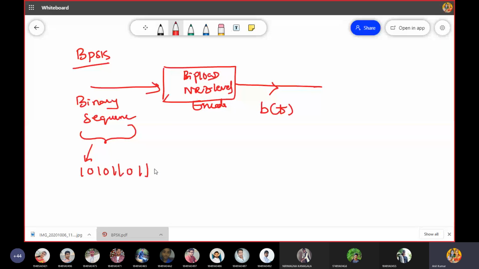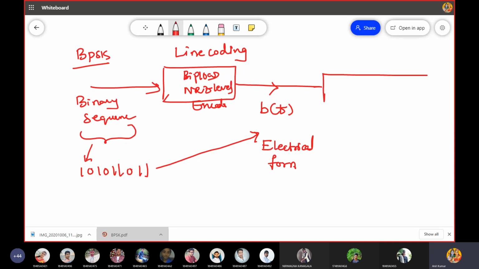This binary sequence is converted into the electrical form of the binary signal. The electrical form of the binary signal can be obtained with the help of the line coding technique, and the line coding technique used is bipolar NRZ. So now this is given to the product modulator or balanced modulator.